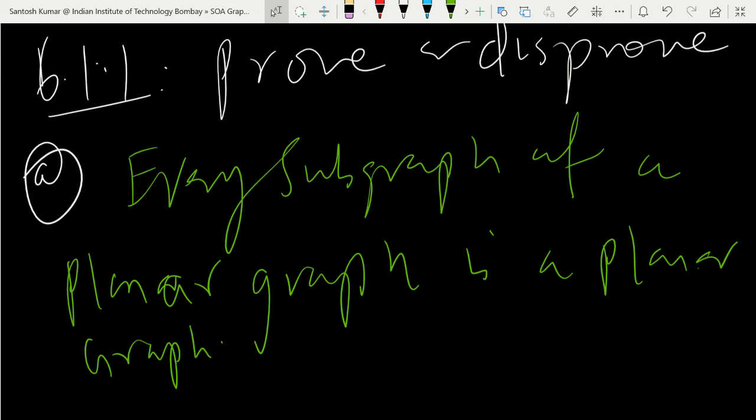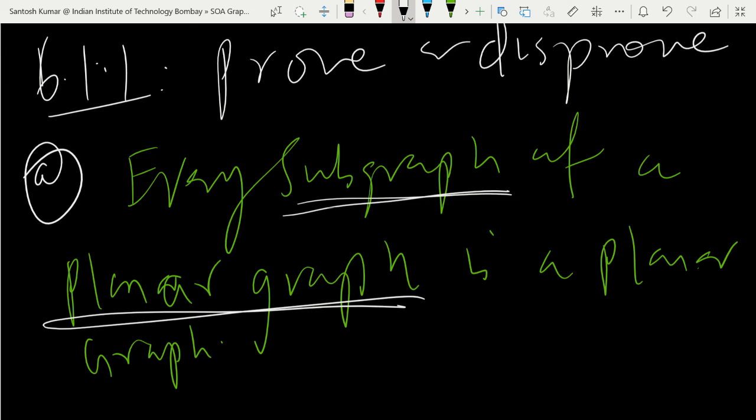So simple, we are talking about a subgraph. If the main graph is planar, to get the subgraph, what do you do? You will remove either edges or vertices. So after removing edges or vertices, there is no chance of a crossing edge.